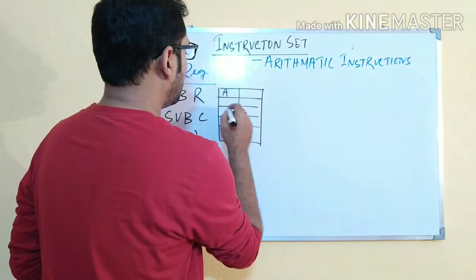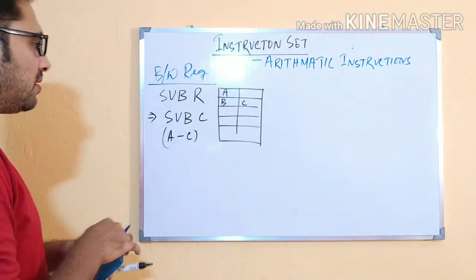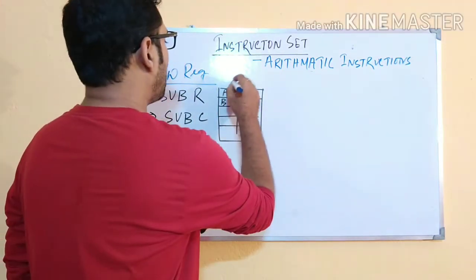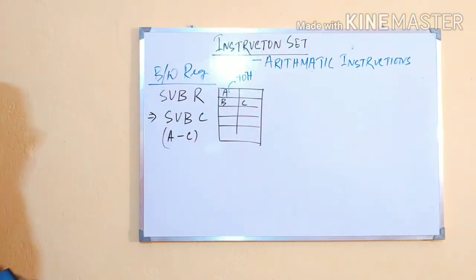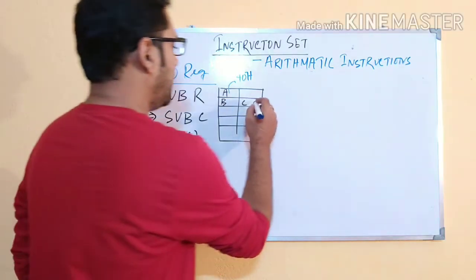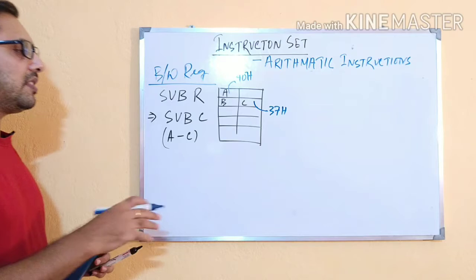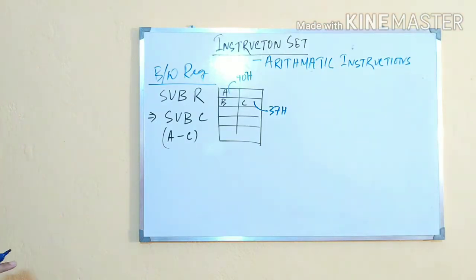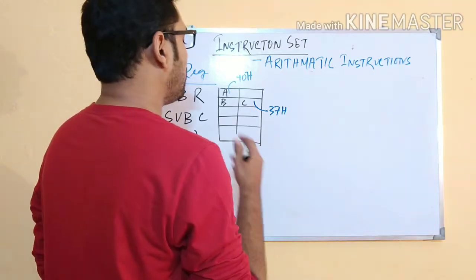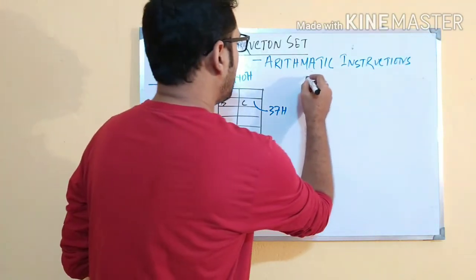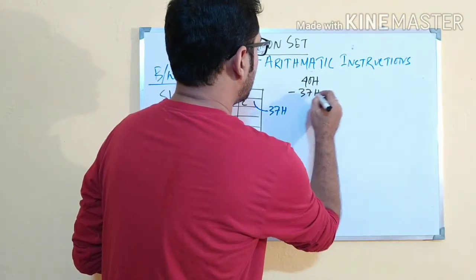This is accumulator, this is B, this is C. So assume that accumulator is holding this value 40 hex. Register C is holding this value 37 hex. In this condition I have written SUB C. That means I want to perform 40 hex minus 37 hex.